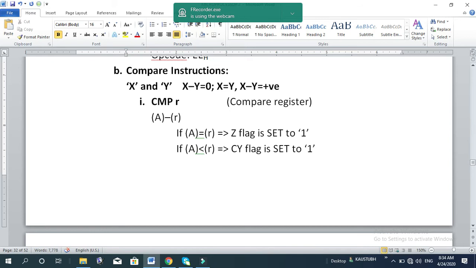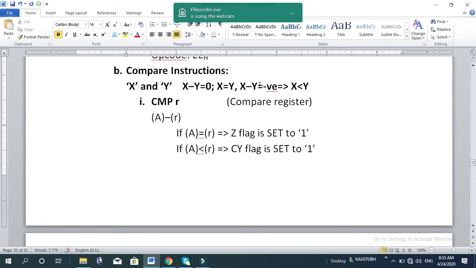If the result is positive, then X is greater than Y. Similarly, if X minus Y is negative, then X is less than Y. Right? This is how we do comparing in general.